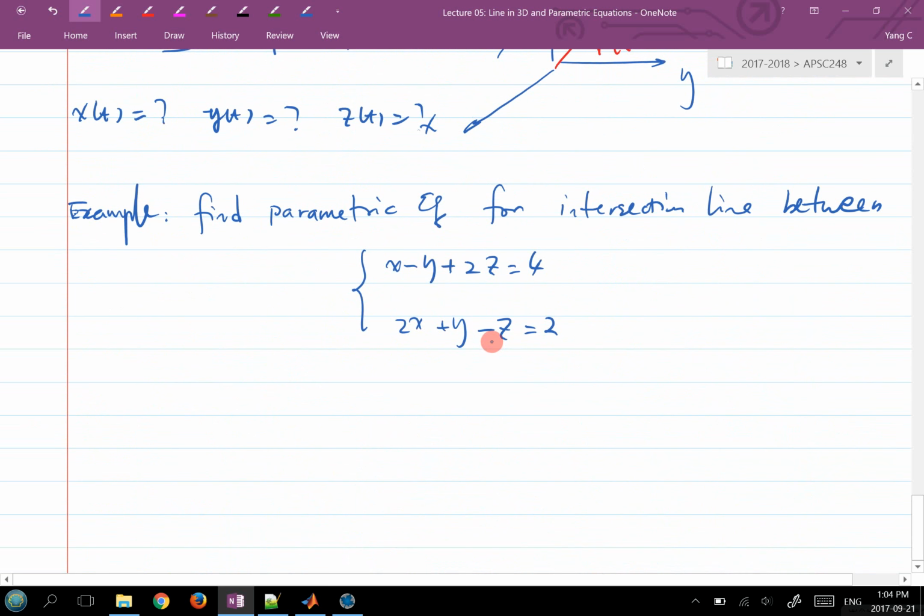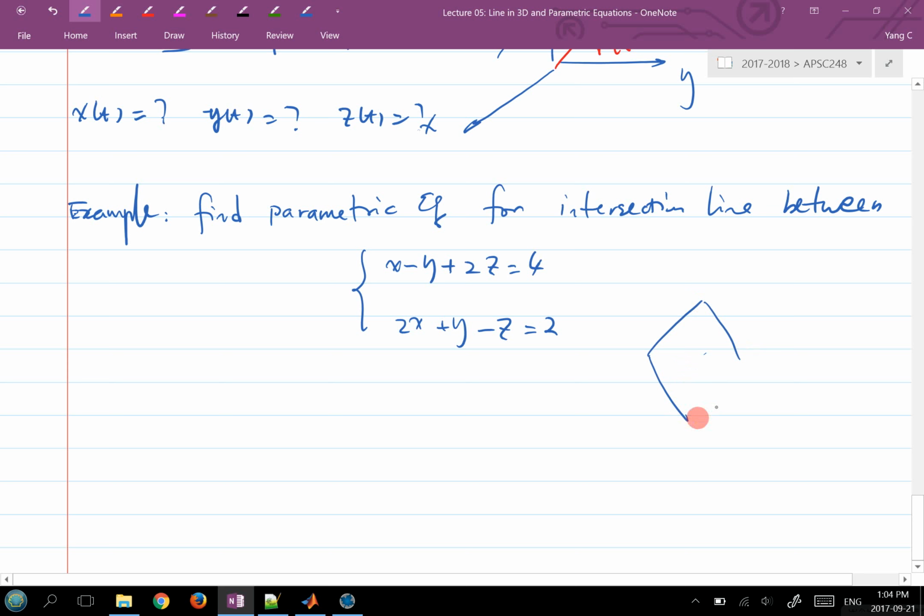I don't need you to solve it, but before I move on to the way I will show you, just think about how you would solve for the intersection line given two planes.